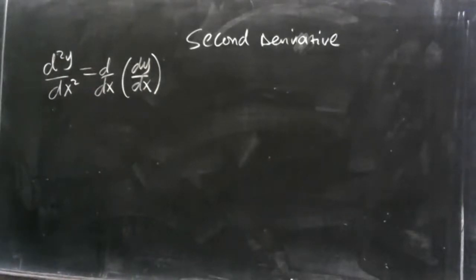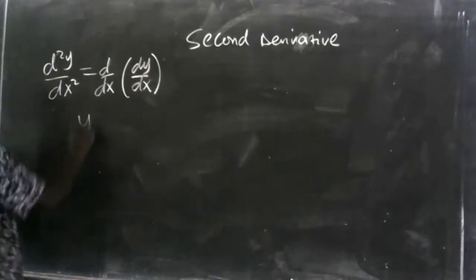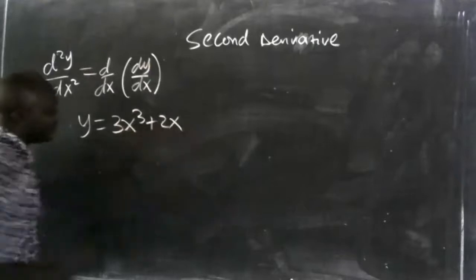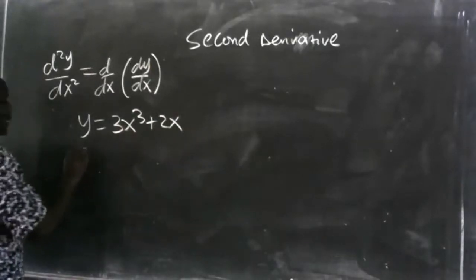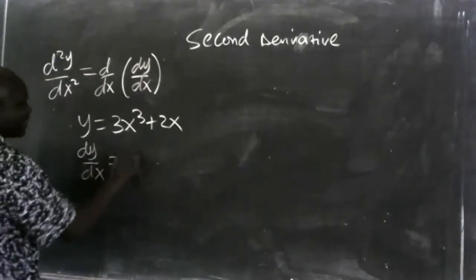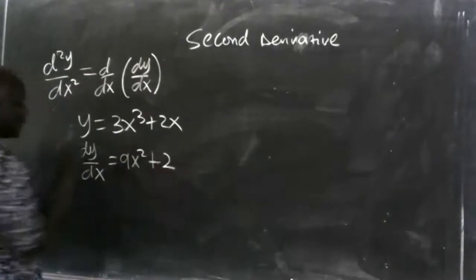So if I have y equal to 3x cubed plus 2x, then dy dx is 9x squared plus 2.